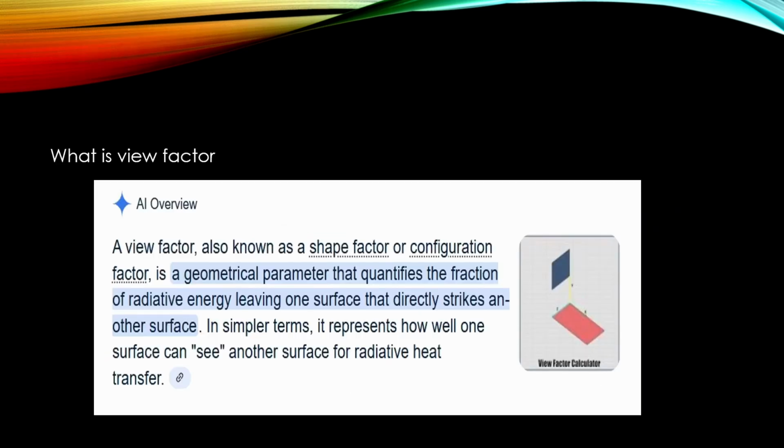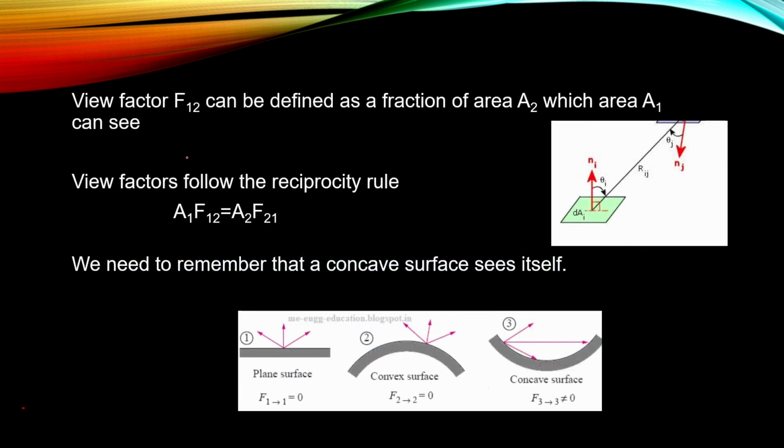To calculate the heat transfer by radiation, we need to know the so-called view factor. This view factor tells how well a body can see another body. The view factor from surface 1 to 2 can be defined as the fraction of area A2 which area A1 can see.